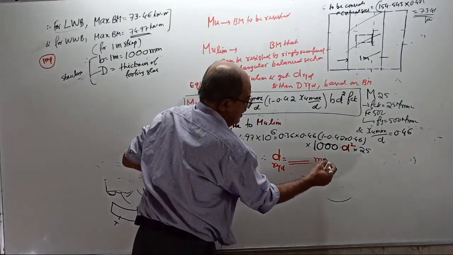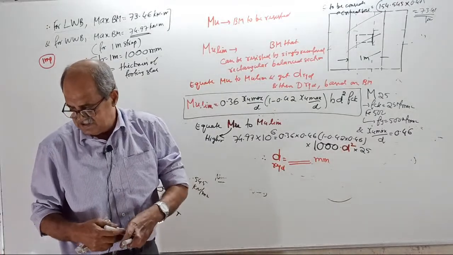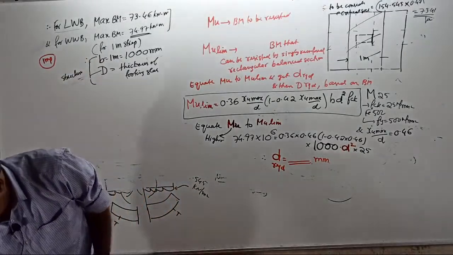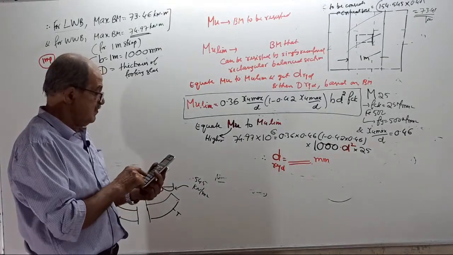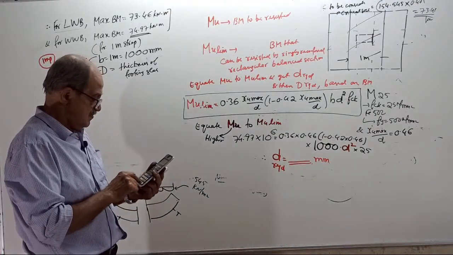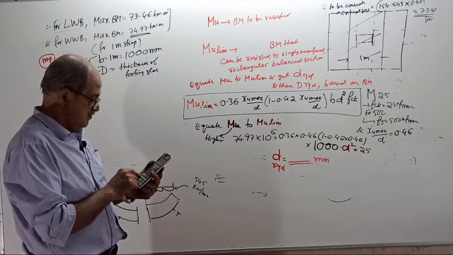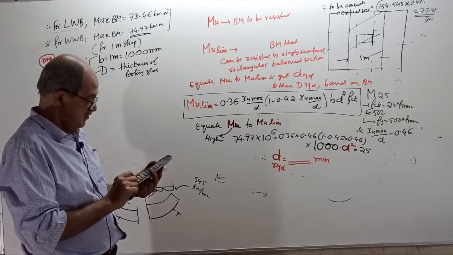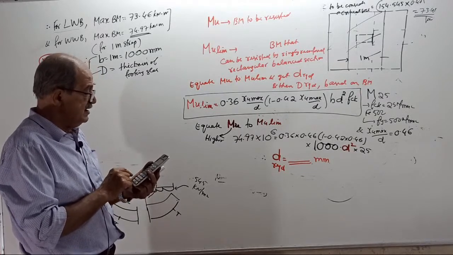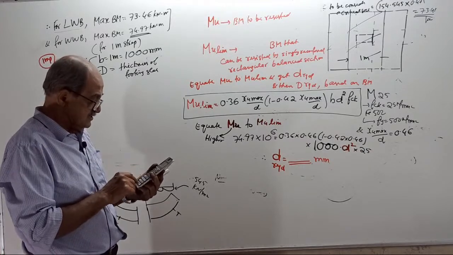Answer first. First give the answer. Divided by 1000, divided by 25, equals, take the root, answer.